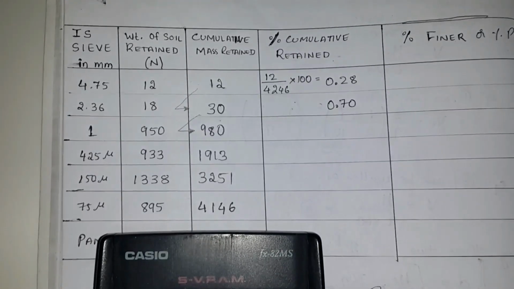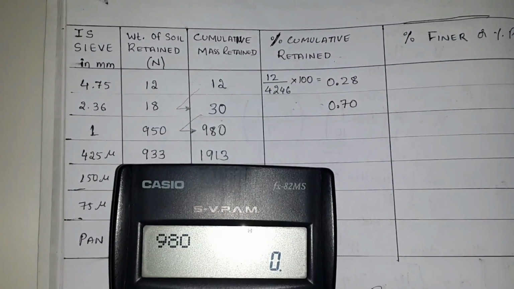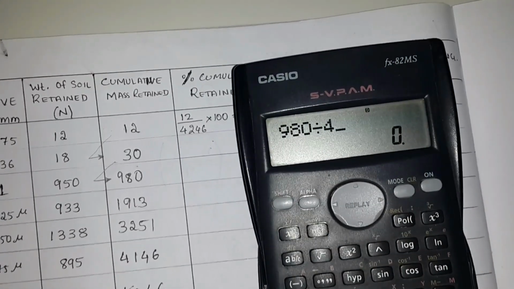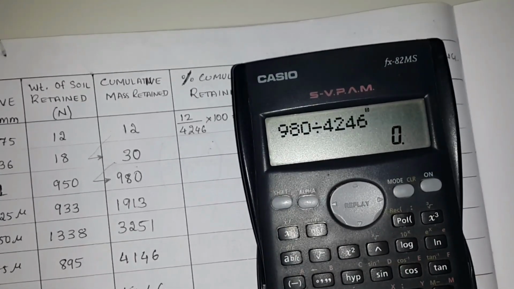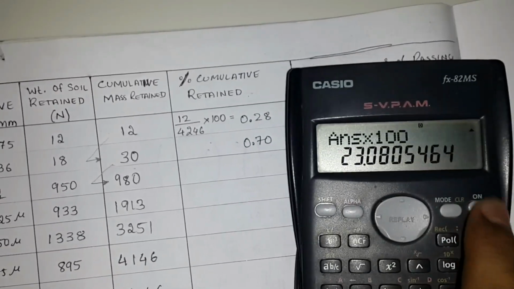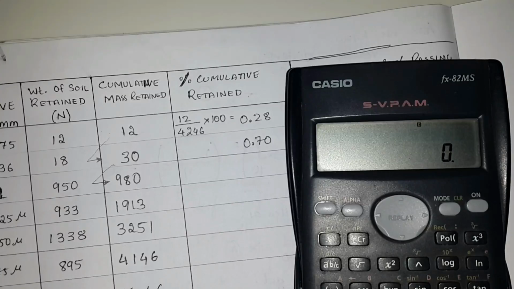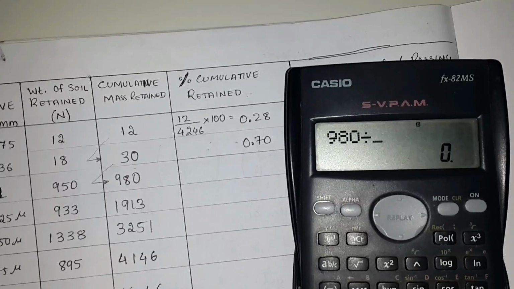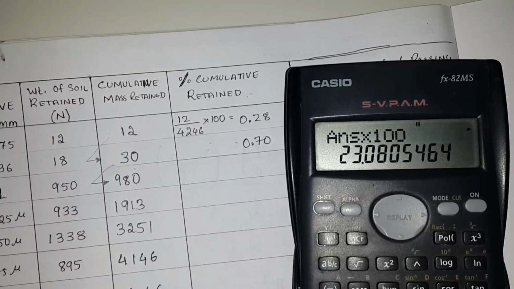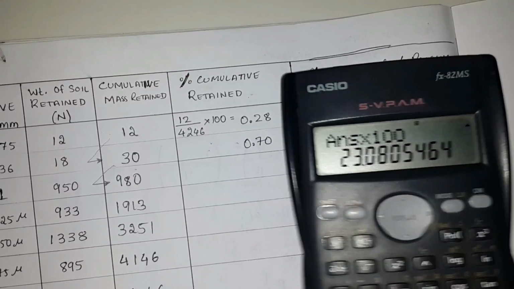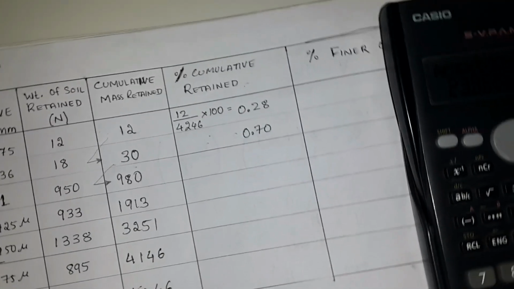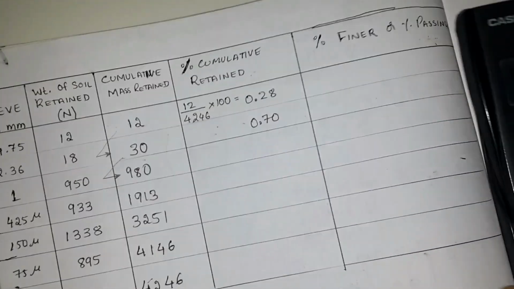Next value, 980 divided by 4246 into 100, gives 23.08.